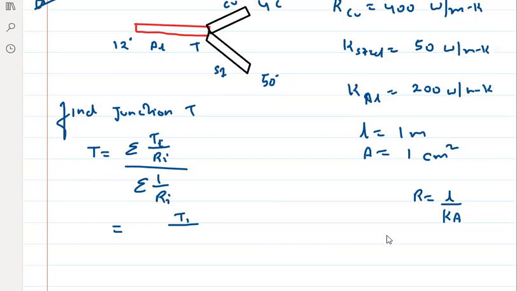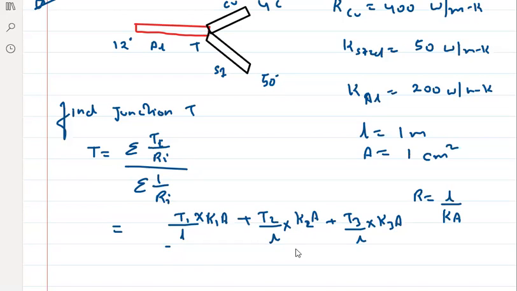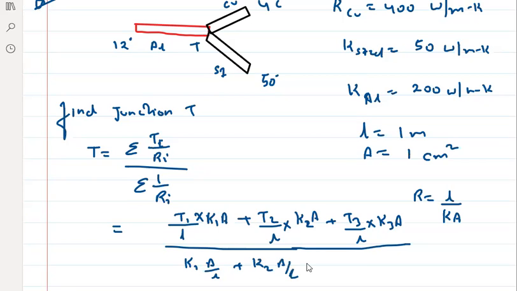So T1 by L into K1A, because it is same, plus T2 by L into K2 A, plus T3 by L into K3 A, divided by 1 by Ri. Now 1 by Ri means K1 A by L plus K2 A by L plus K3 A by L, right?